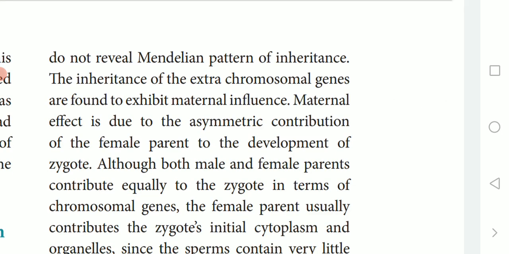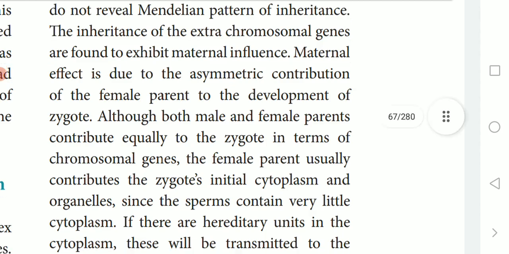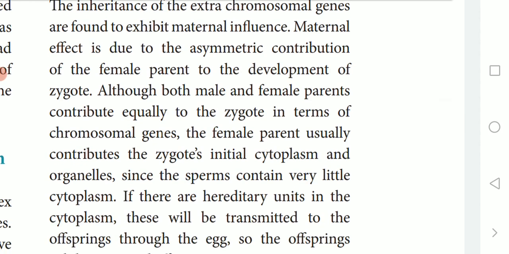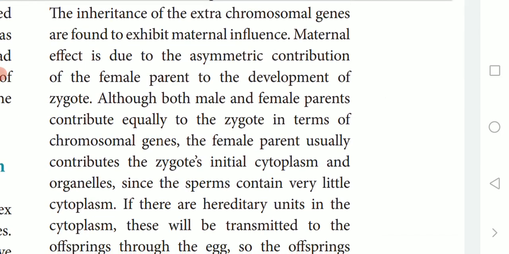The maternal effect is due to asymmetric contributions of the female parent to the development of the zygote. Although both male and female parents contribute equally to the zygote in terms of chromosomal genes, males have only a small amount of cytoplasm, whereas females have more.